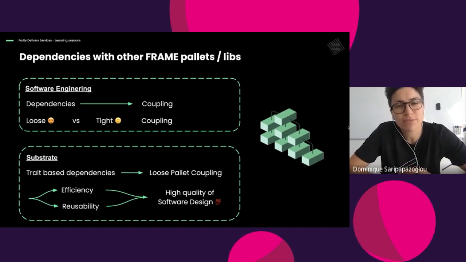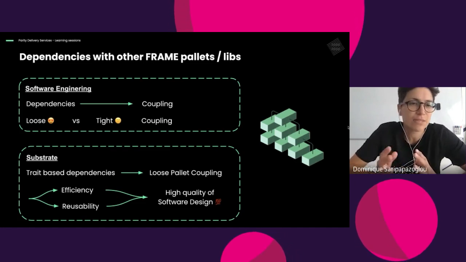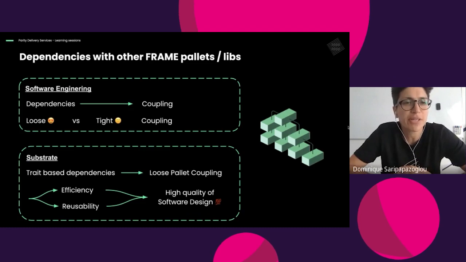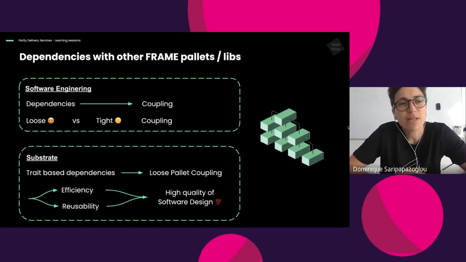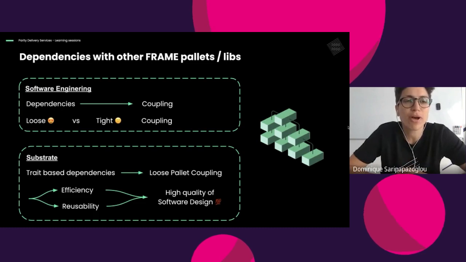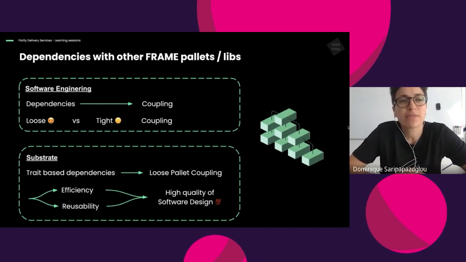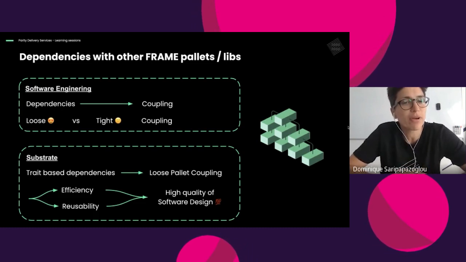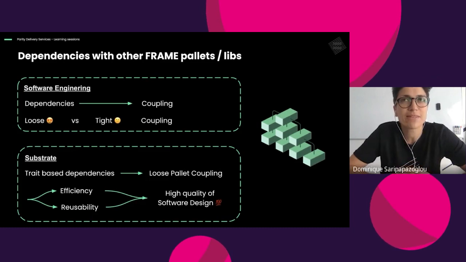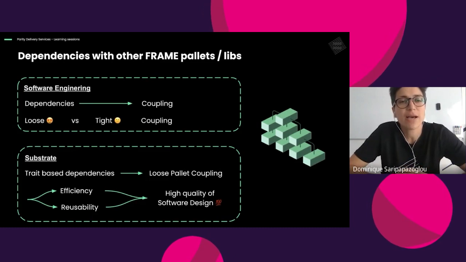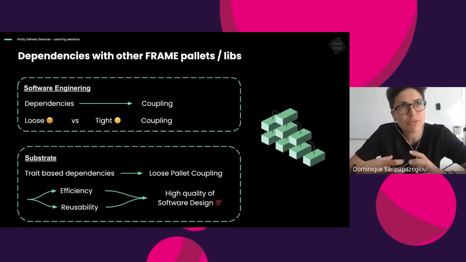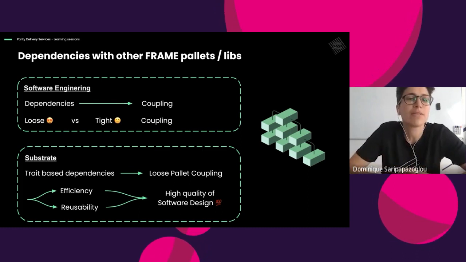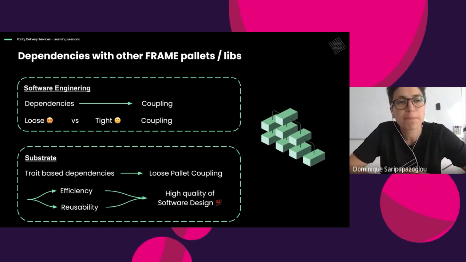This is a notion in general in software engineering, and there are many different types of coupling: data coupling, control coupling, other couplings, but two are related to Substrate and how we refer to types of dependencies, and this is loose versus tight coupling.